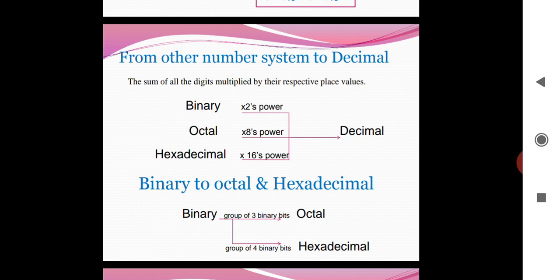For example, for binary, multiply each binary bit by 2's power. For octal, multiply each digit by 8's power depending upon its place value, and for hexadecimal multiply by 16's power according to its place value and make its summation, that will give you a decimal number.